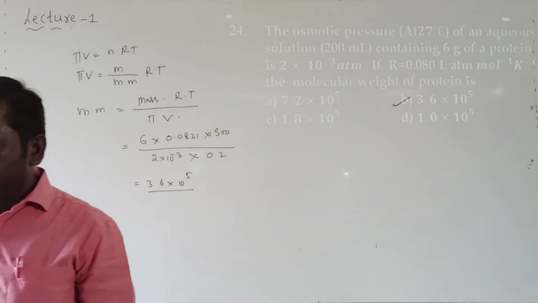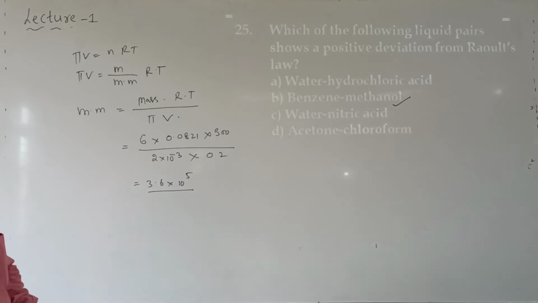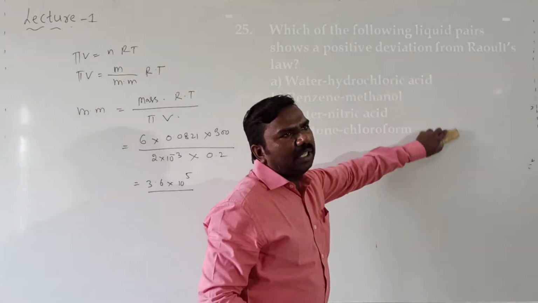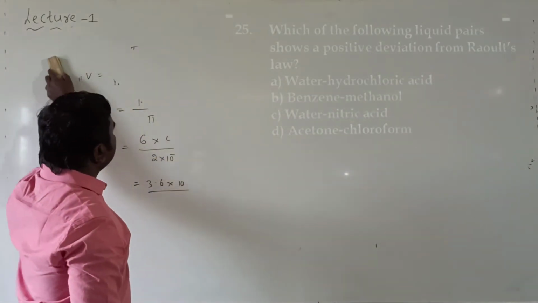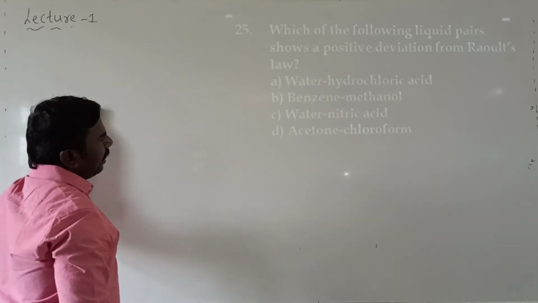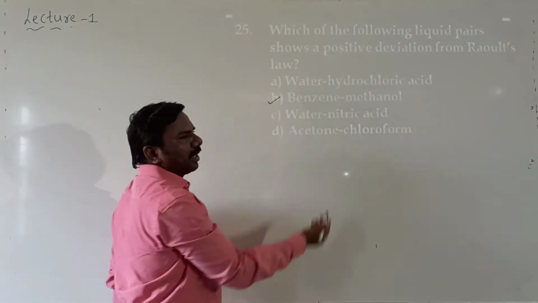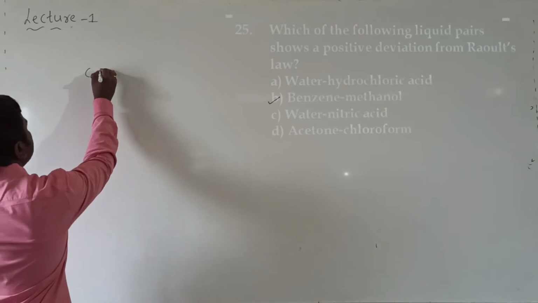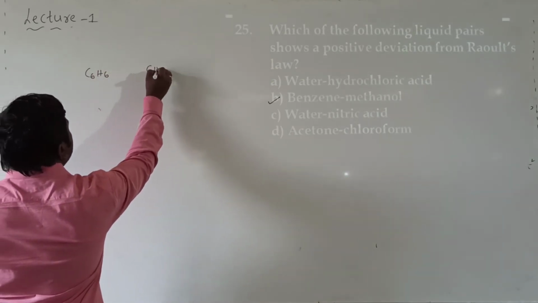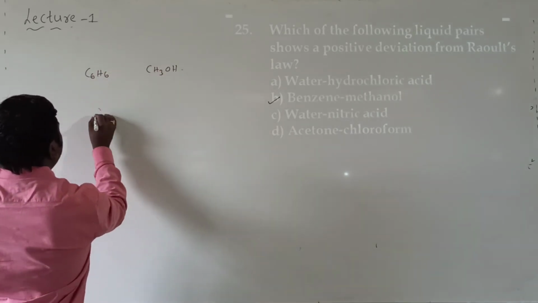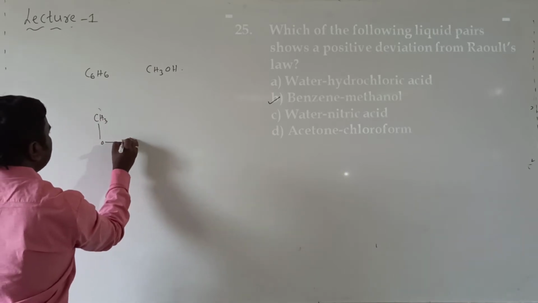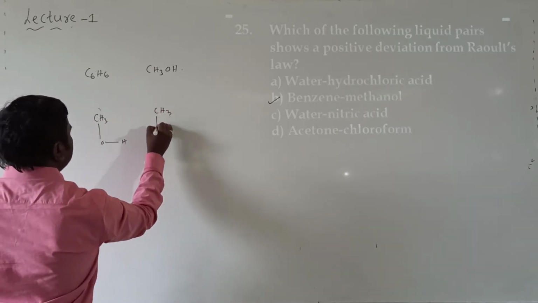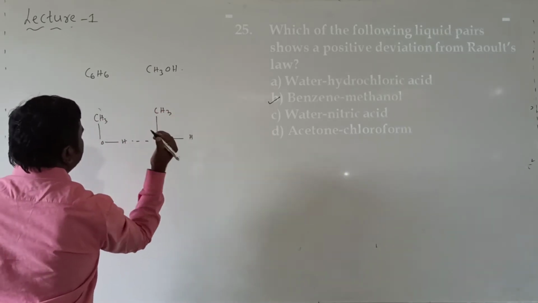Next, which of the following pairs shows a positive deviation from Raoult's law? So the right answer I will explain directly. Benzene, C6H6, and CH3OH. If you observe CH3OH, there is hydrogen bonding.